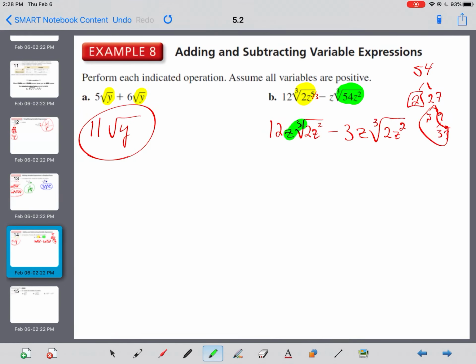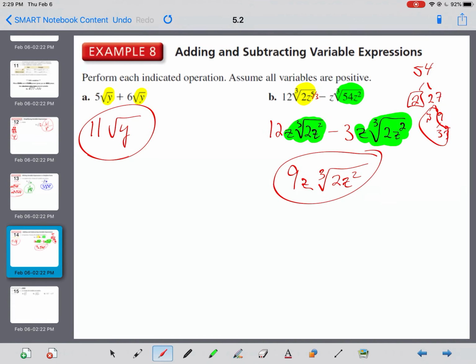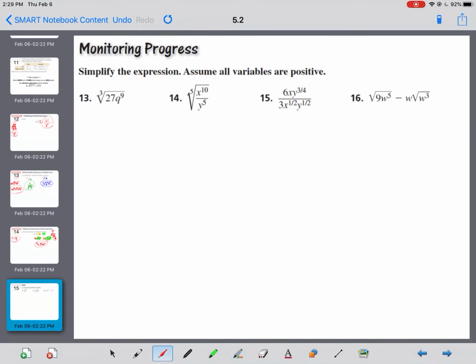Now, z cube roots of 2z squared and z cube roots of 2z squared are like things, so 12 of them minus 3 of them is 9 of them. They've got to be completely like things.